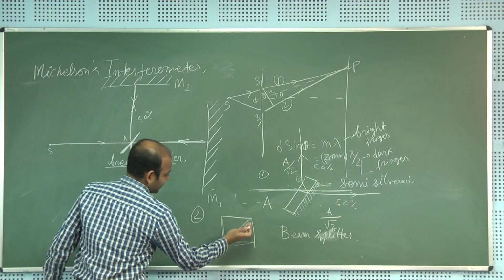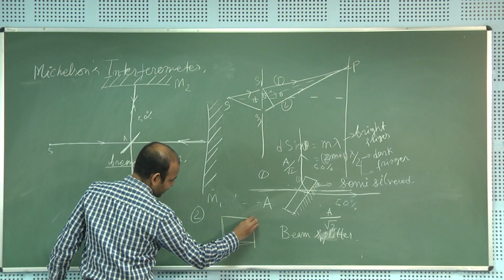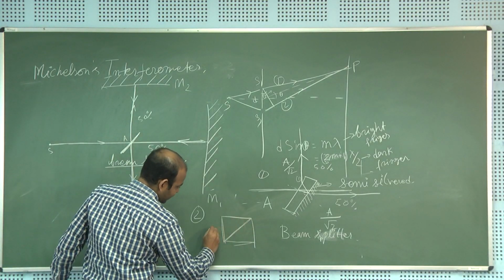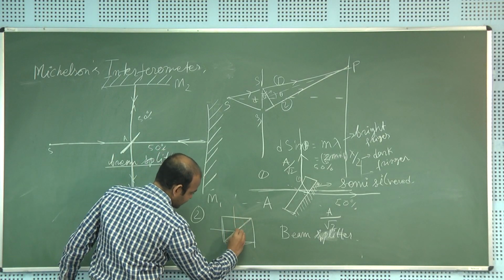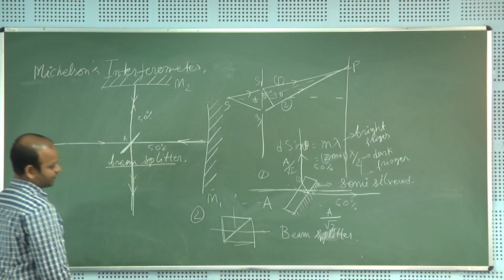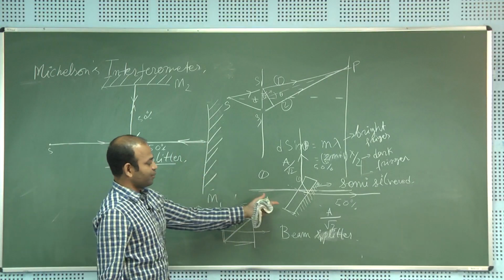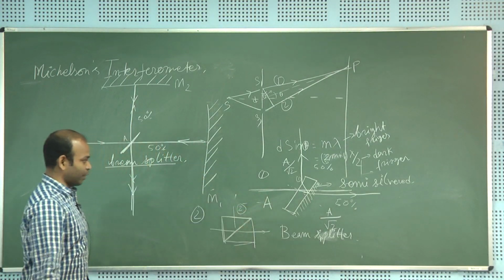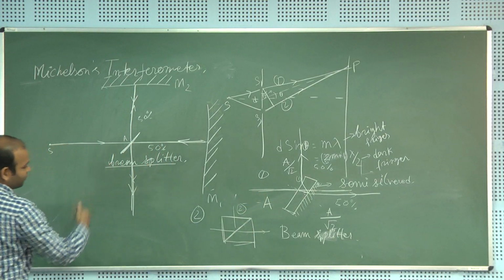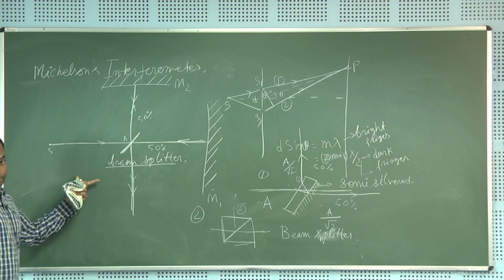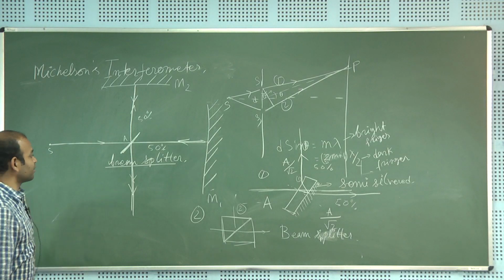So, at the interface between these two, the light will get reflected and there will be a transmission like this. Different kinds of beam splitters can have different properties, and we will briefly discuss this when we talk about the result of this Michelson interferometer.